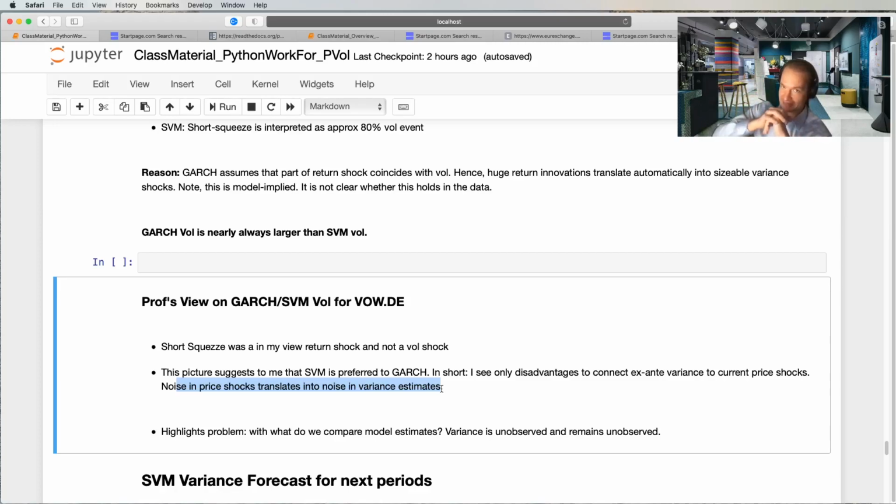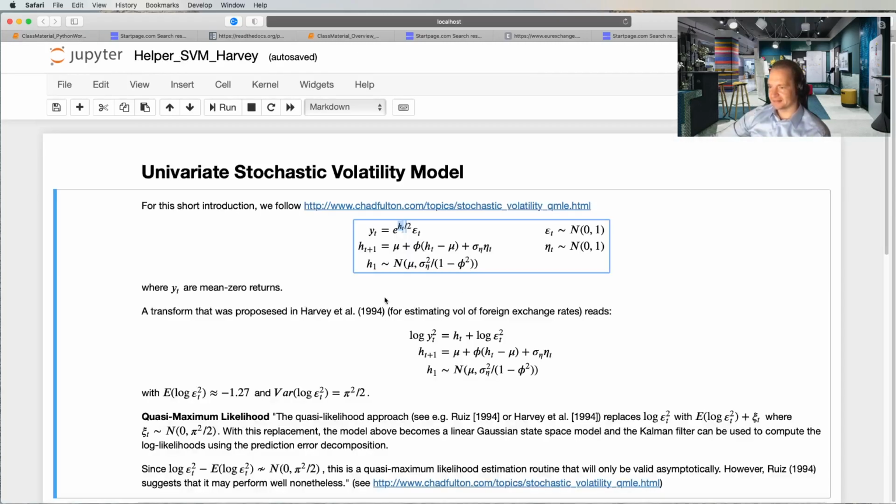We have the data. If you want, just play around. Fit SVM and GARCH to the corrected and the non-corrected return data of SRP. And look at the volatility that comes out in October 2001. I could imagine SVM maybe doesn't respond. Why? Because SVM says variance moves in a diffusive way with a high autocorrelation.